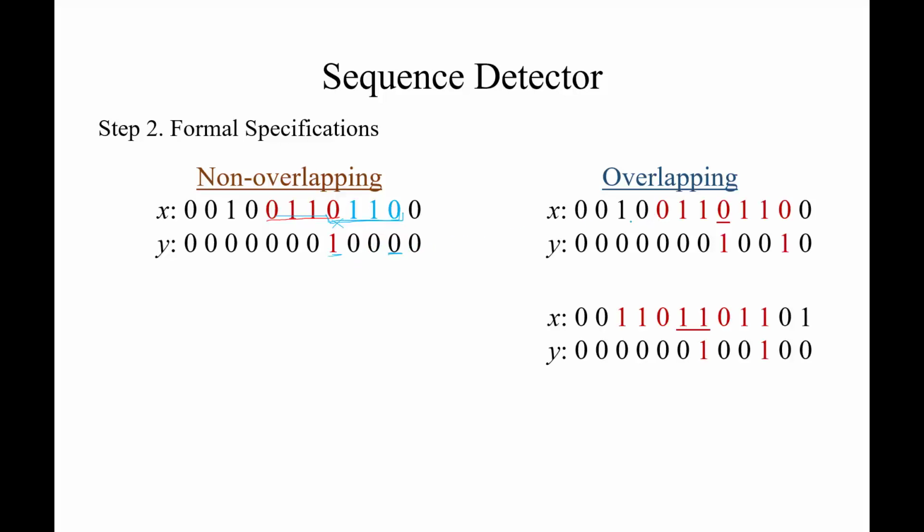In contrast, overlapping specification में basically we can use the last bit of the detected sequence as the first bit of the next potential sequence.